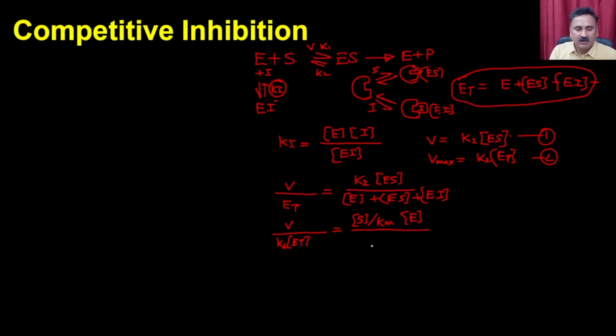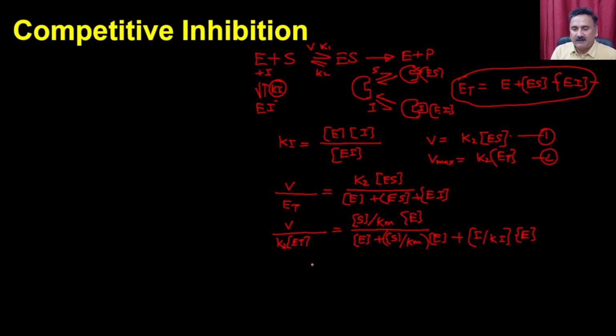So I can put the enzyme concentration plus substrate divided by Km bracket, and E, plus inhibitor divided by Ki, and multiplied by E. So this I have taken from here, and this I have taken from here.